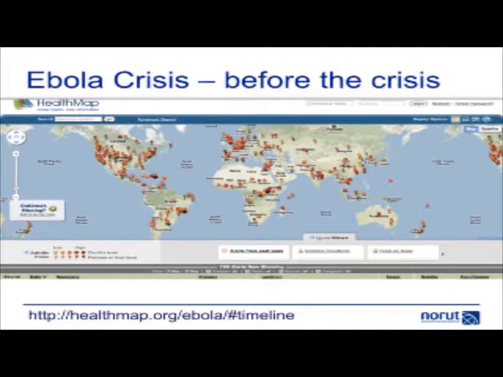They are tracking reports from newspapers in many different languages about outbreaks and disease, to try to identify where there is an outbreak even before a health authority has reported it.